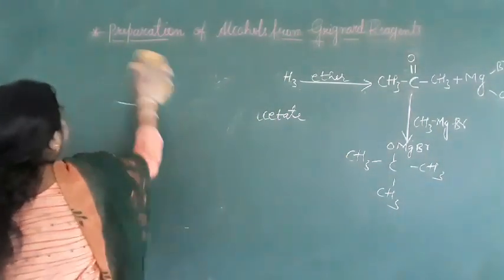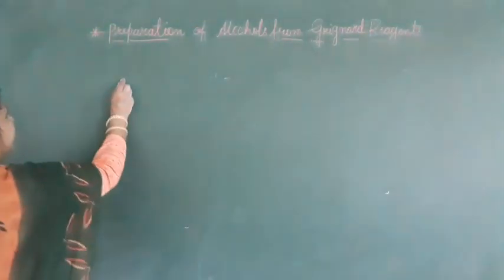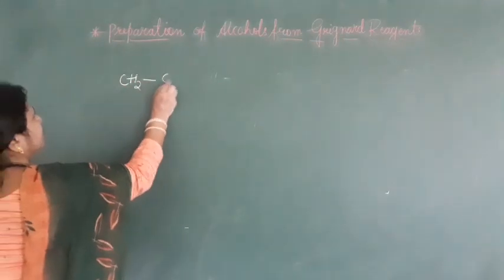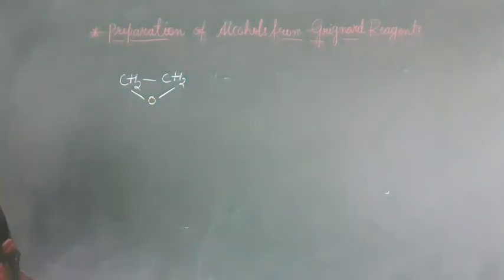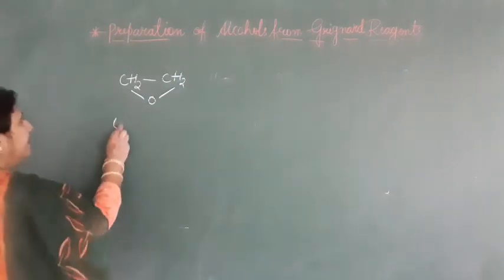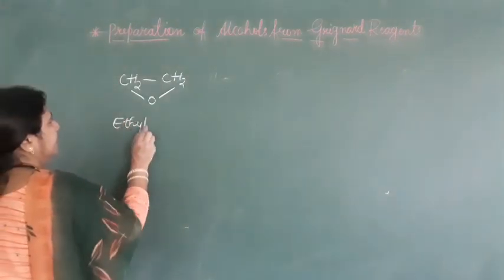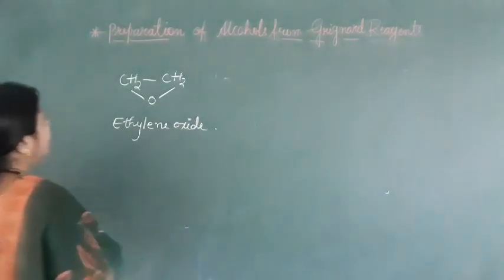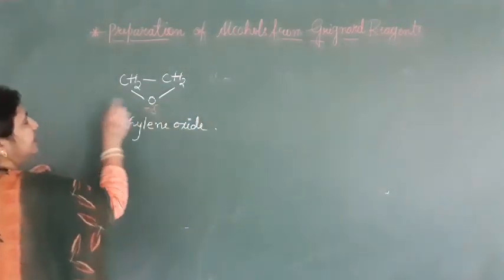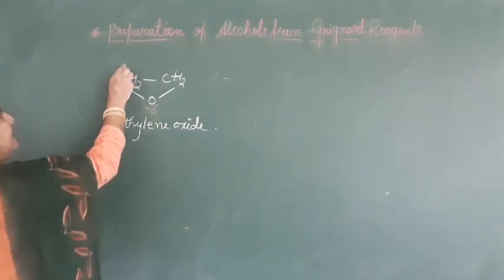Okay, ethylene oxide. This is the Grignard reagent reacting with ethylene oxide, CH2O, an epoxide. In this ethylene oxide, the oxygen is partially negative and the carbon is partially positive.